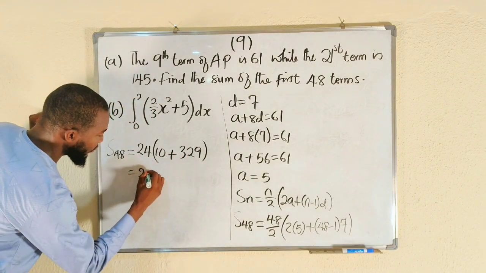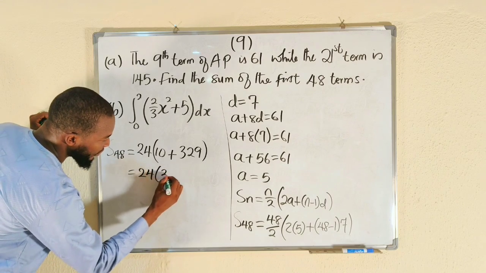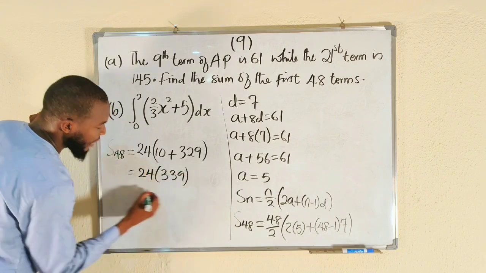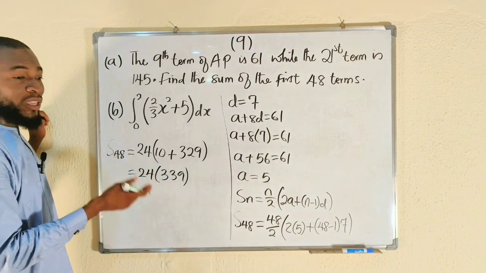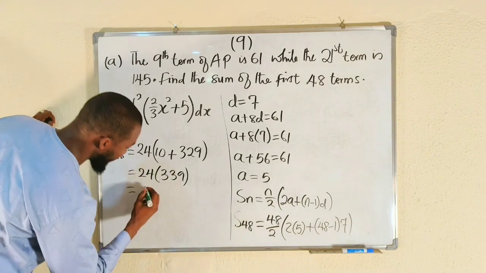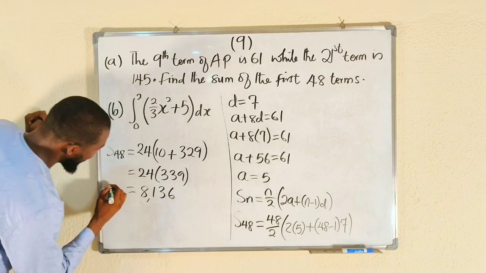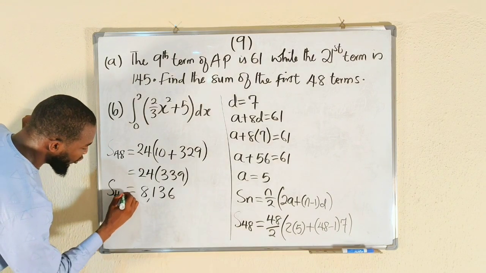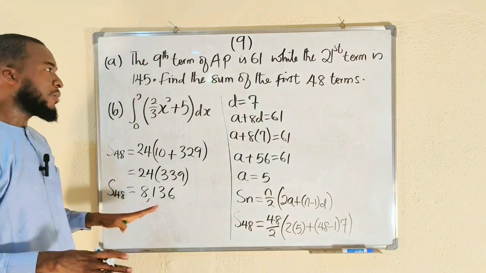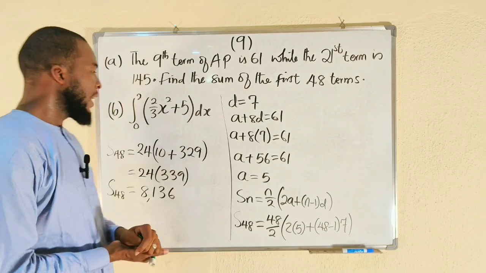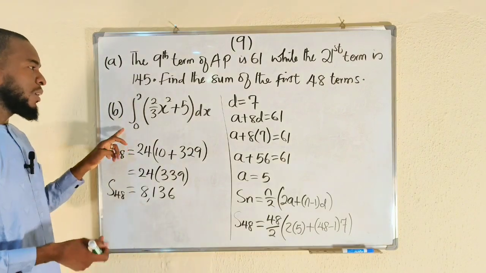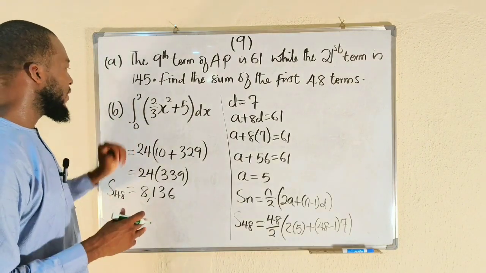So this is 24 multiplied by 339. Once you multiply this, you are going to get 8,136. This is the sum of the first 48 terms, and we are done with the A part. Now let us move on to the B part, where we are asked to evaluate this definite integral.